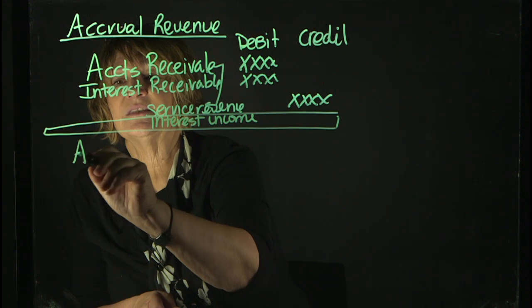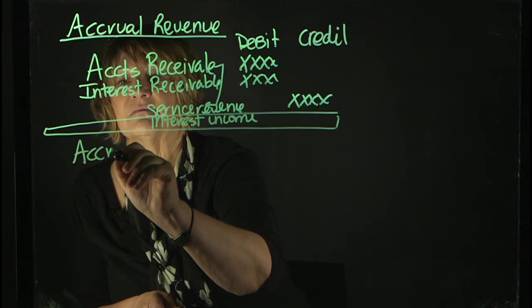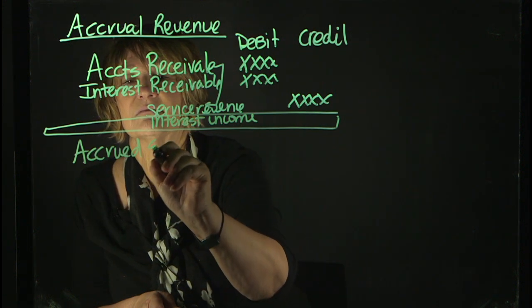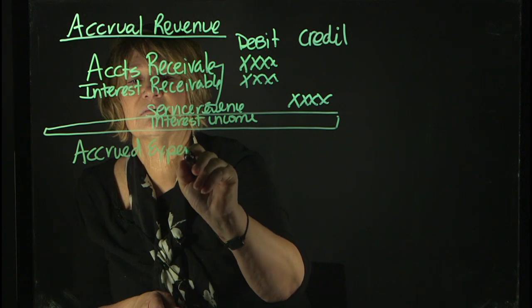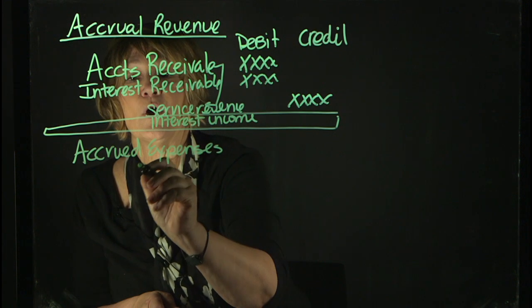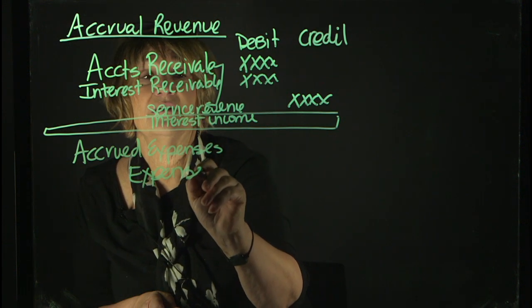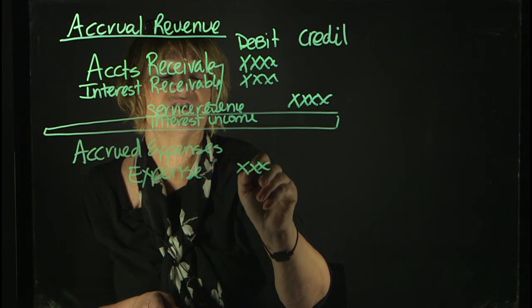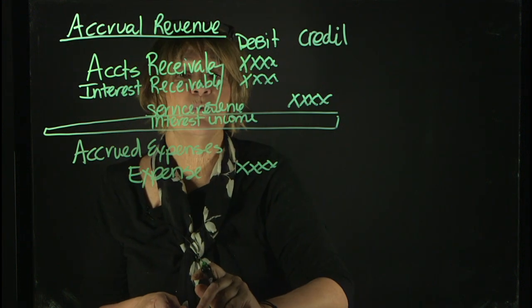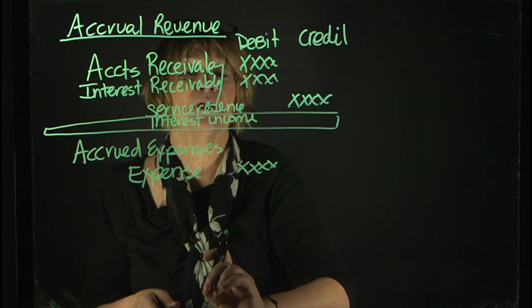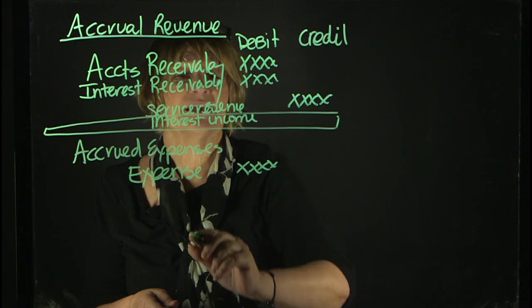For accrued expenses, you're always going to debit the expense account, whatever that might be. If it's utility expense, if it's auto, whatever expense that you're putting it on, you would debit the expense account.